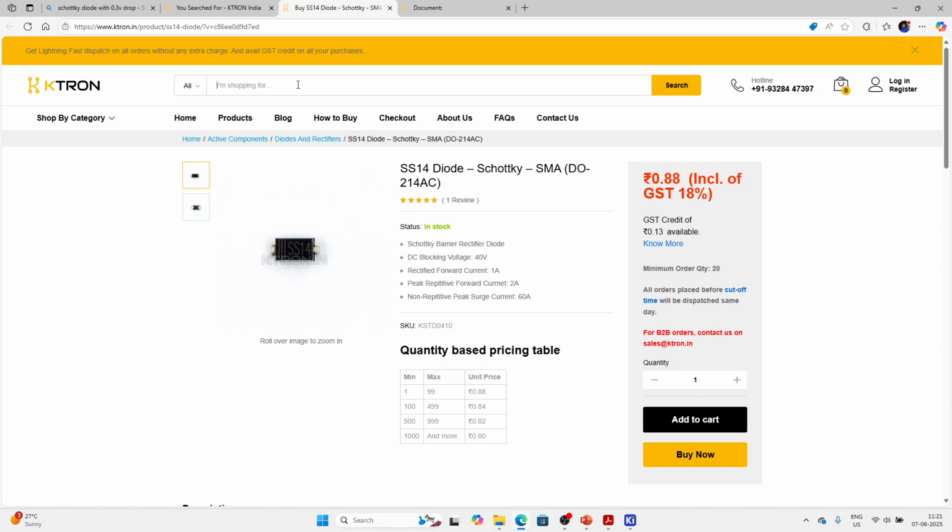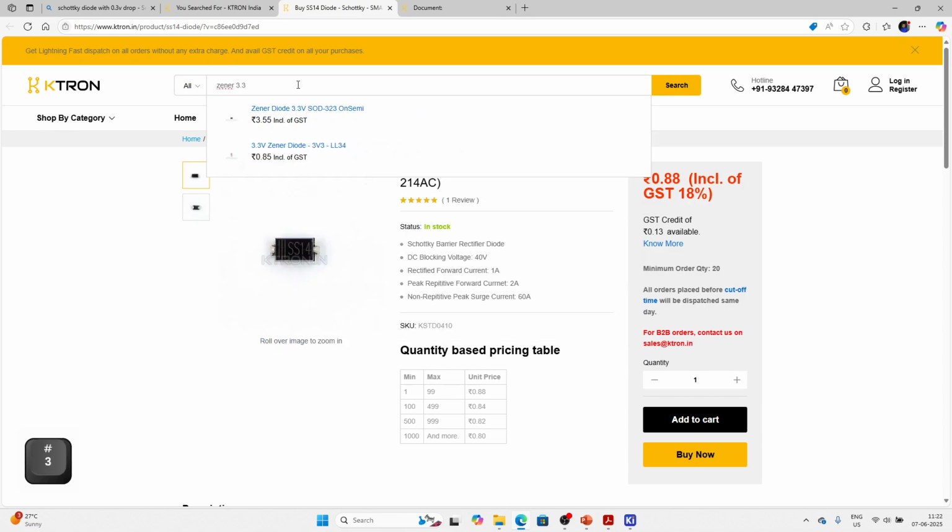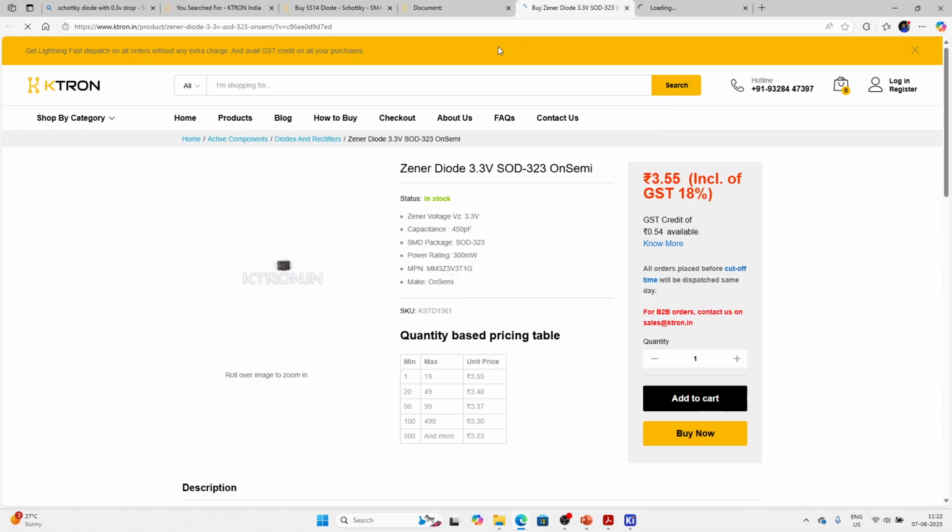How do we do that? Either you can go with a circuit which can stabilize USB data delivery, like a data protection circuit, or a quicker way is using Zener diodes. For 3.3, we have two Zener diodes here. Both work in a similar fashion.